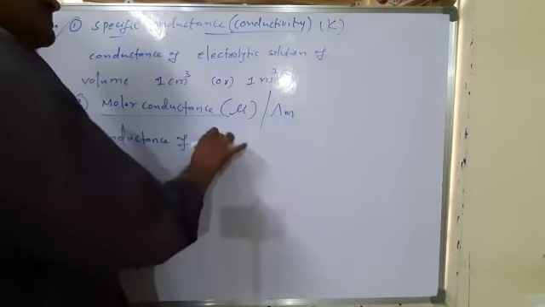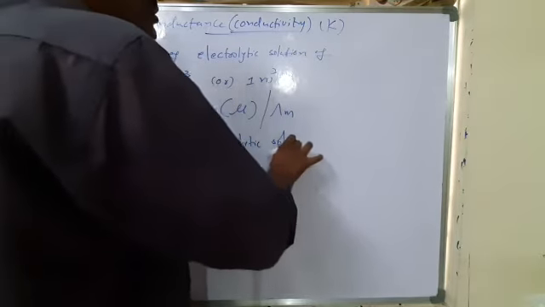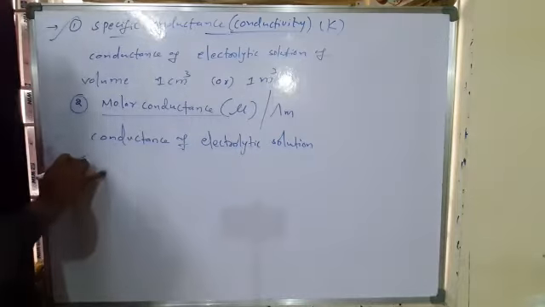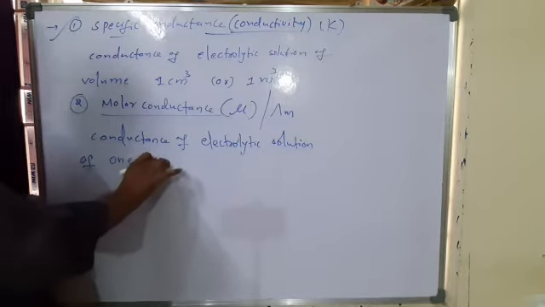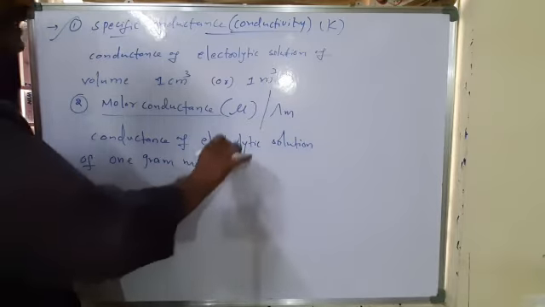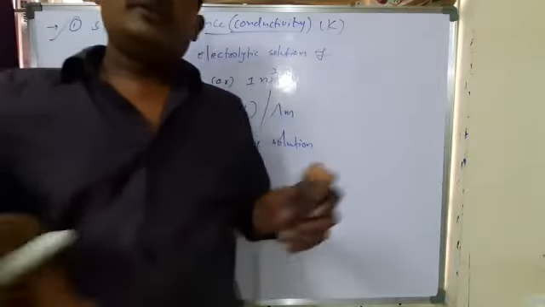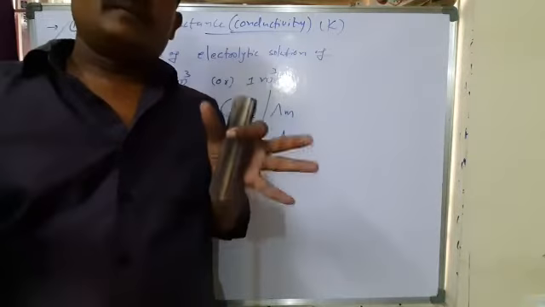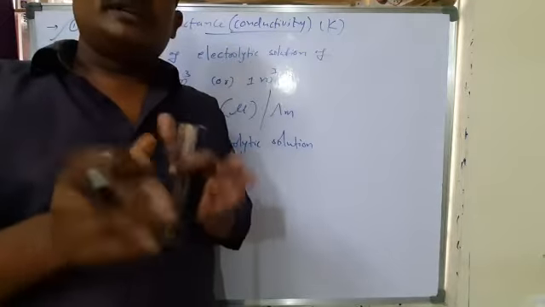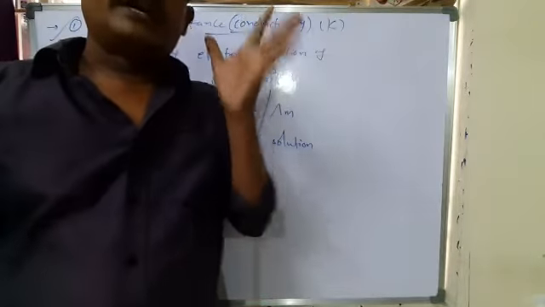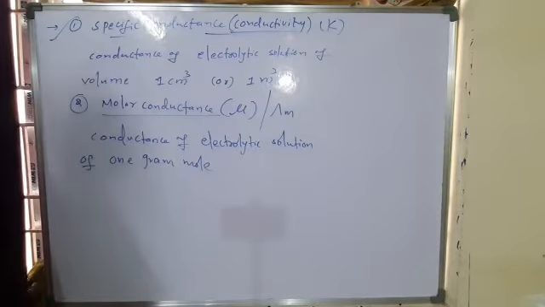In the conductivity cell, between electrolytic plates of 1 unit area separated by 1 unit distance, we take 1 gram mole of electrolyte, and its conductance is called molar conductance.